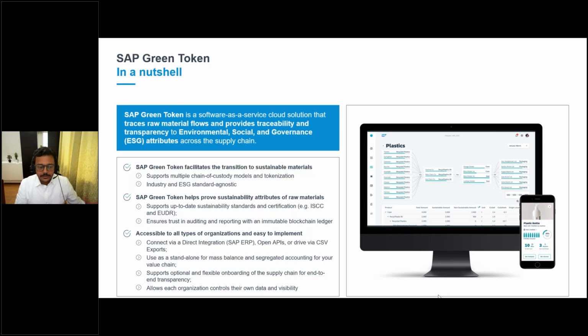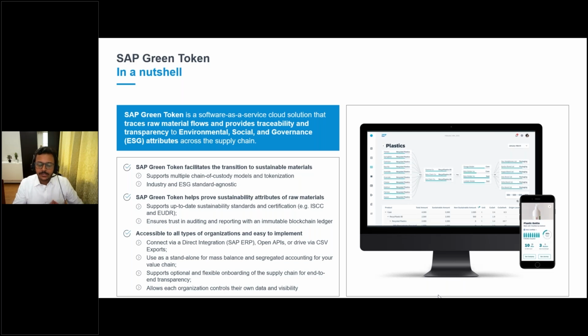And how does it do this? There are various ways, or chain of custody models, that you can implement or model using Green Token. And it combines various different principles such as tokenization and blockchain.